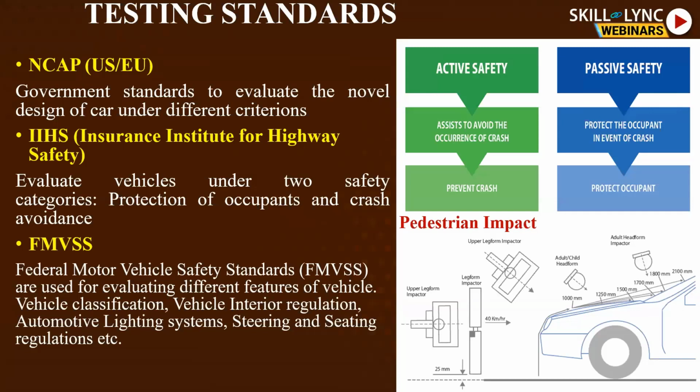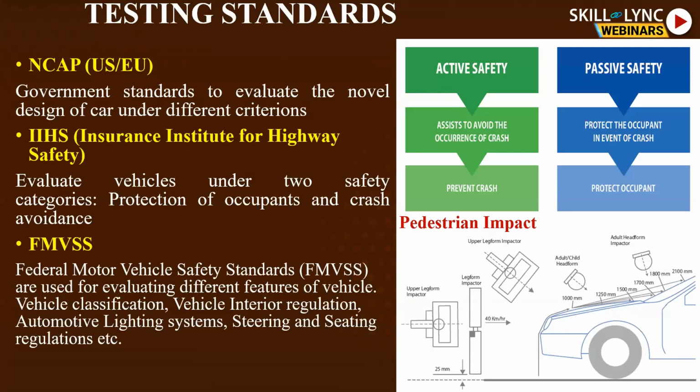Now, safety in automobiles is basically divided into two different categories. One is active safety, another one is passive safety. So in active safety, what is that? It consists of all the assisting parameters that would be required to avoid the occurrence of a crash.